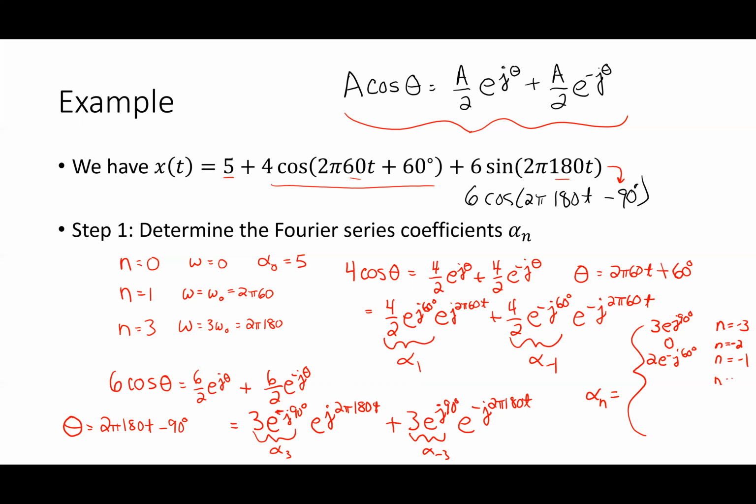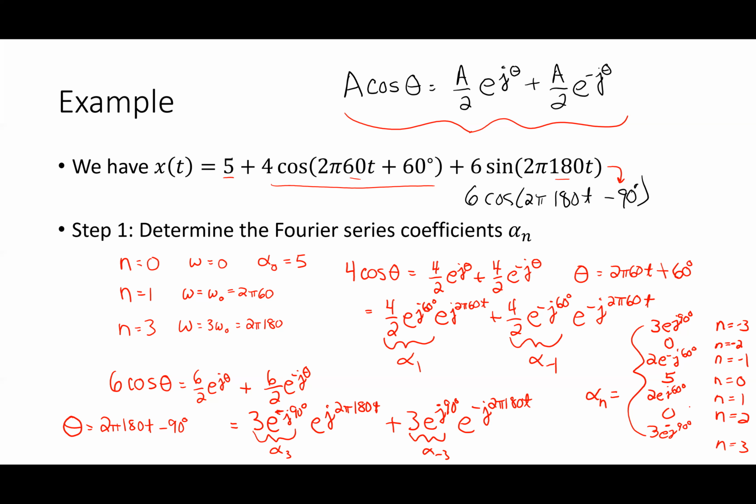And then at n equal to 0, it looks like I have 5. That was my alpha 0 term. At n equal to 1, I have 2 e to the j 60 degrees. At n equal to 2, again, I don't have anything, so I'm going to set that to 0. And at n equal to 3, I have 3 e to the j negative 90 degrees.